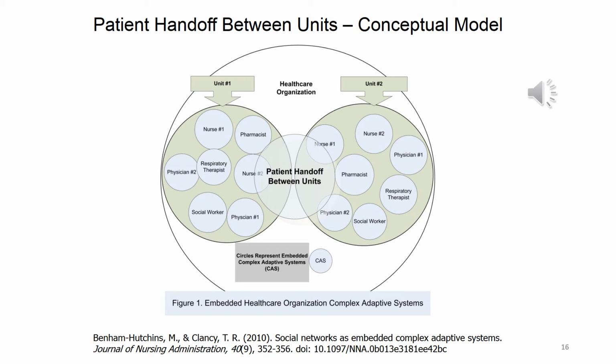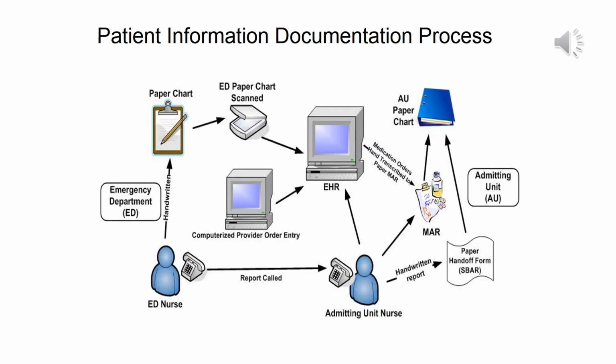And I viewed this patient handoff as an emergent situation where people from both units came together to do the task in order to safely transfer a patient and provide the information to resume care on an inpatient unit.